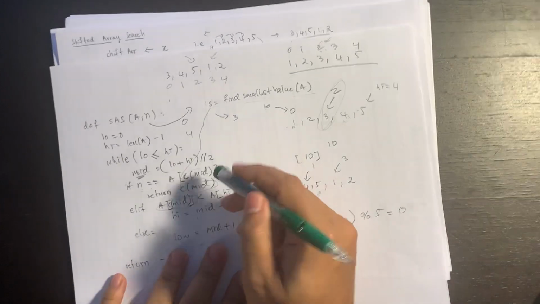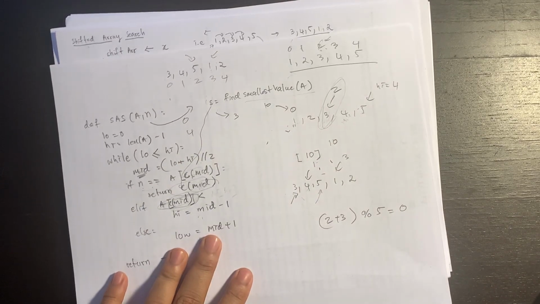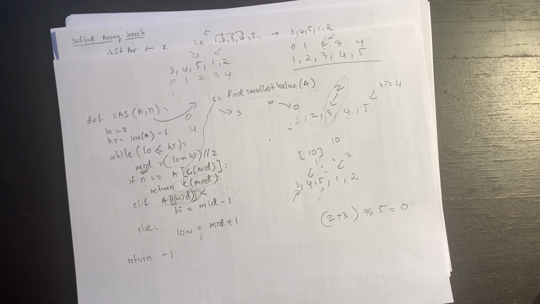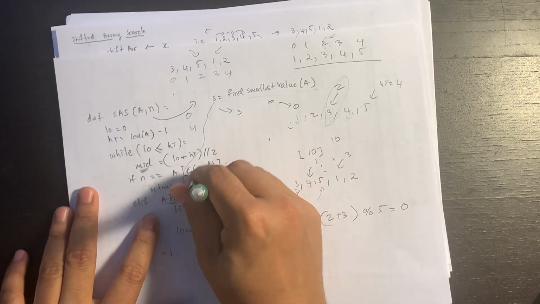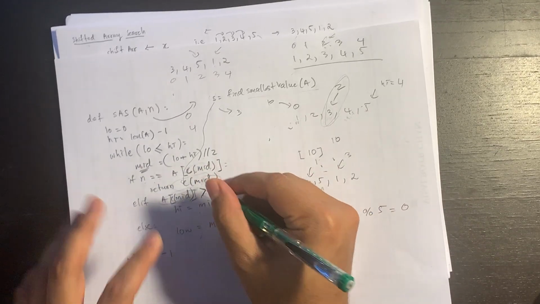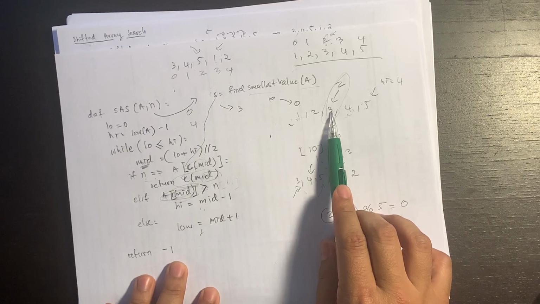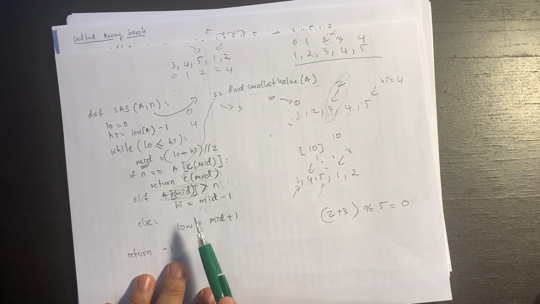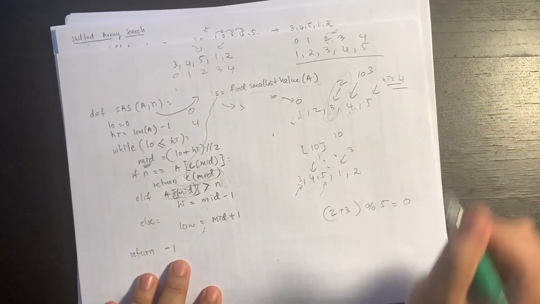I think we need to check whether mid is less than n. So we won't change high. I think our mid is greater. Yeah, if our mid is greater than n, but 3 is not greater than 4, that's why we need to update our low to here. So our low right now is 3 and high is 4.